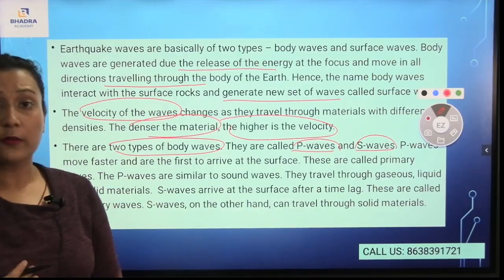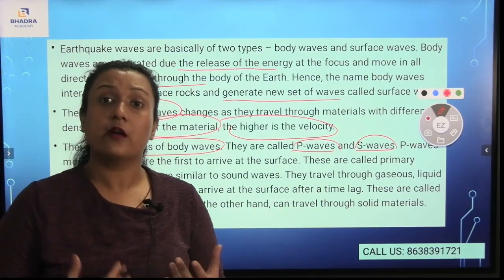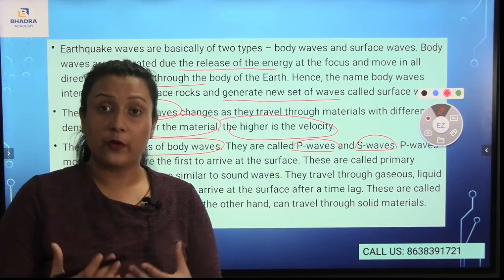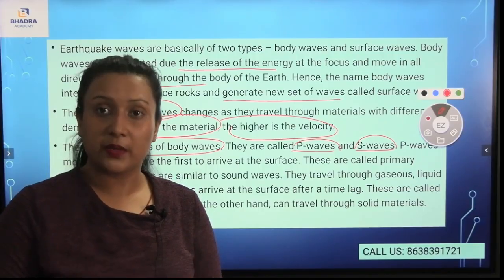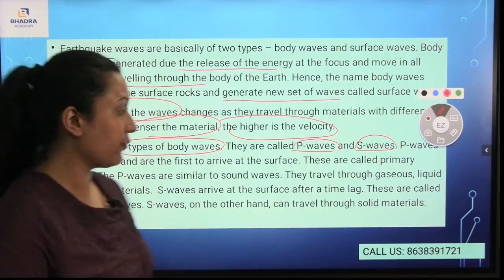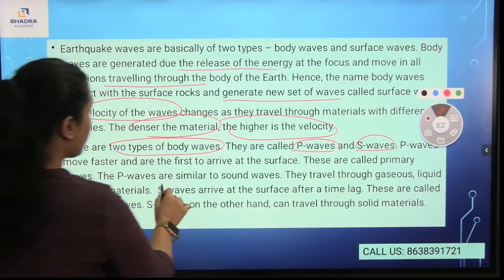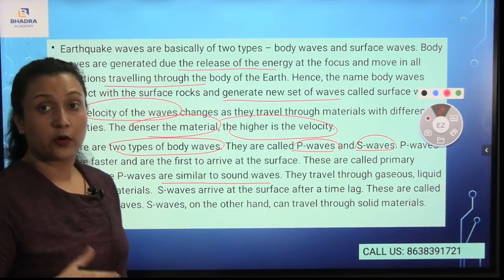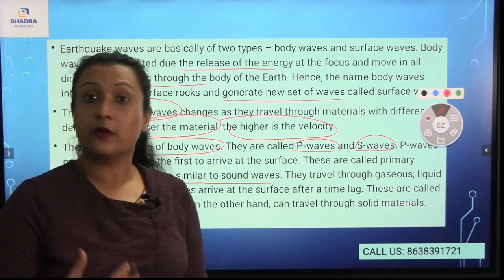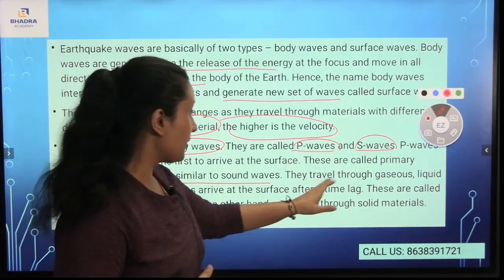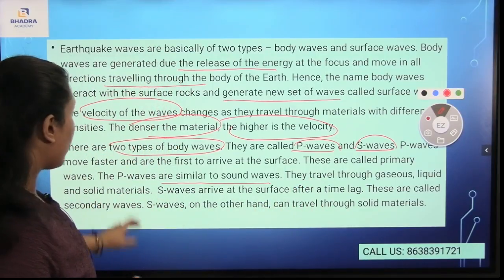Now, the primary waves are the first ones to occur. Those waves which come first, in the beginning, are known as the primary waves. Primary waves are similar to sound waves. Very important. They travel through gaseous, liquid and solid material.